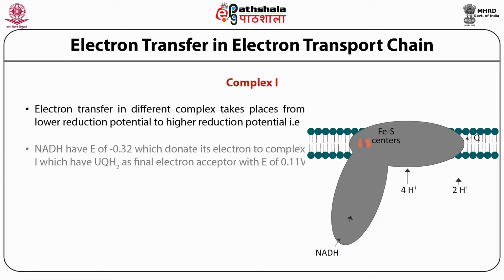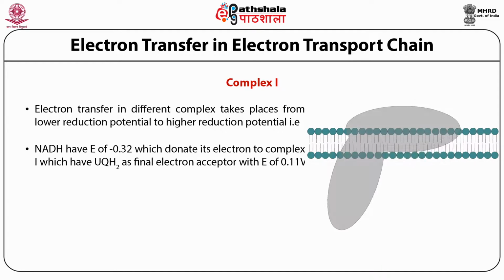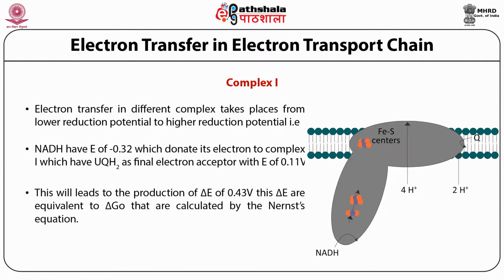Hence, NADH has a reduction potential of minus 0.32, and donates its electron to the complex first, and it finally reaches ubiquinone, which has a standard redox potential of 0.11 volt. You can see here that the overall difference is about 0.43 volts, and this delta E difference is important.